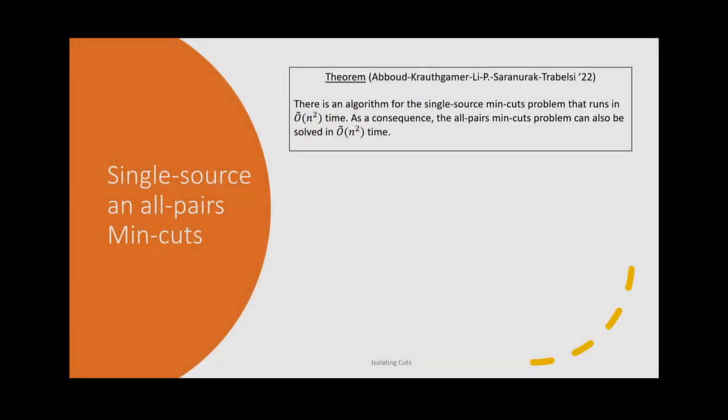So indeed you can. You can obtain an algorithm for the single source min cuts problem, and thereby for the all pairs min cuts problem, that runs in time about n squared, and this is the published result. You can actually get it in almost linear time with some more work.